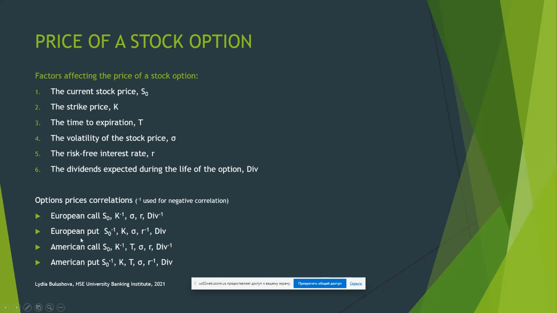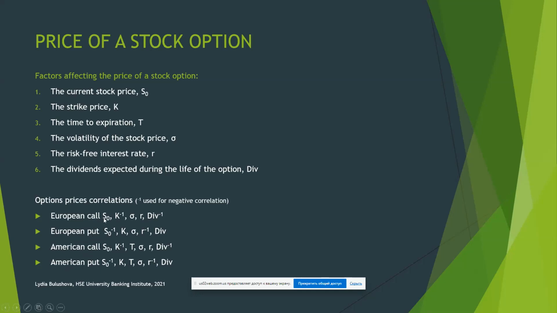So as you can see, there is no difference, in fact, between European call and American call. And at the same time, there is no difference between European put and American put.